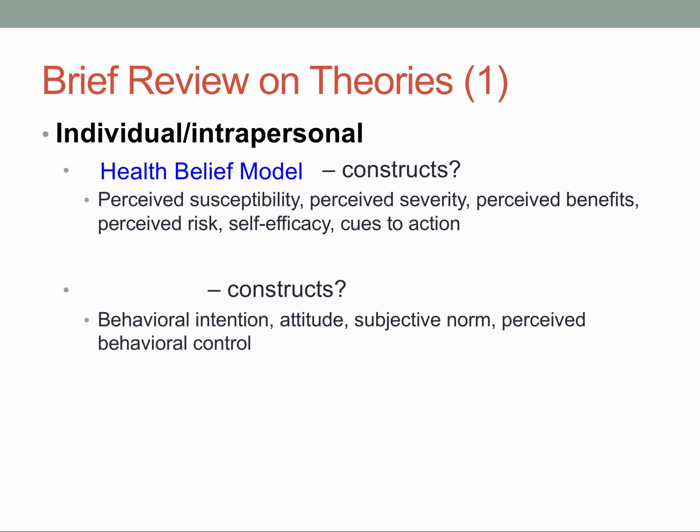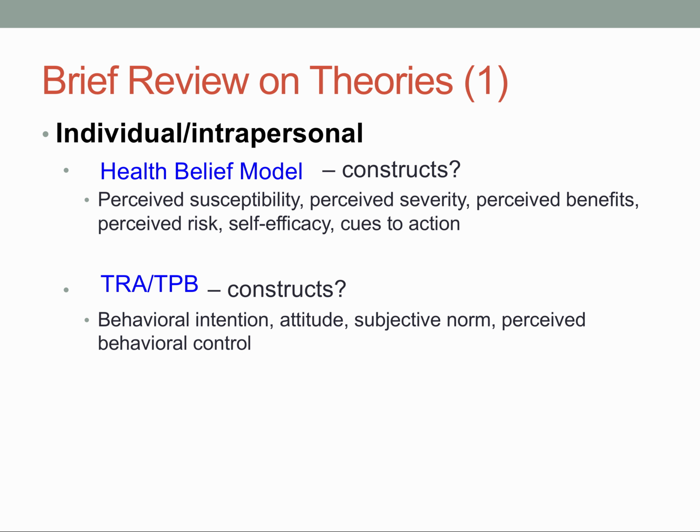There is also another intrapersonal individual theory that has the constructs behavioral intention, attitude, subjective norms, perceived behavioral control, and how all of these things help in understanding a particular behavior. Do you know what theory this is? Hint, it was one that had evolved from one to another. It started off as the theory of reasoned action, but then it evolved and was refined through different types of research to become the theory of planned behavior.